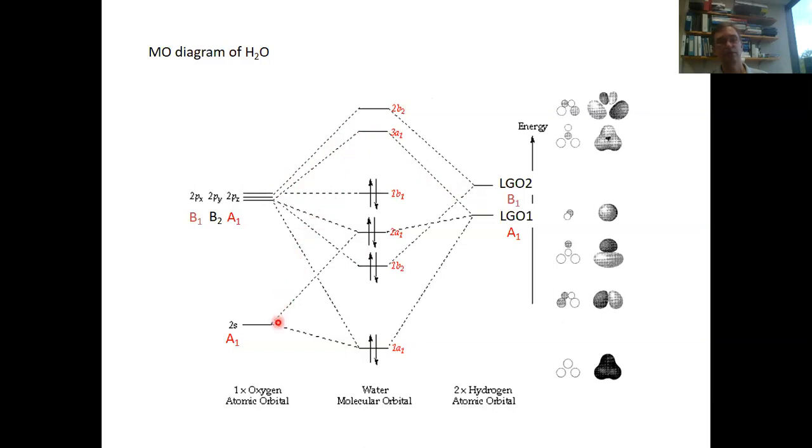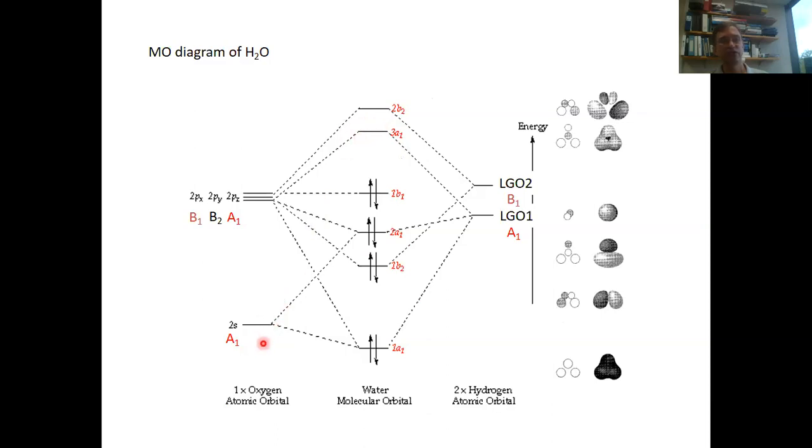This line has been omitted because of the large energy difference between the 3A1 and the 2s. They actually also have the same symmetry, so there is a small contribution of that 2s to this 3A1 also.